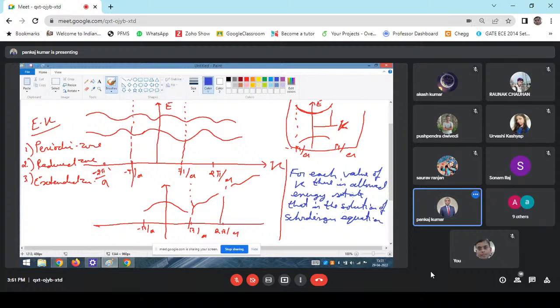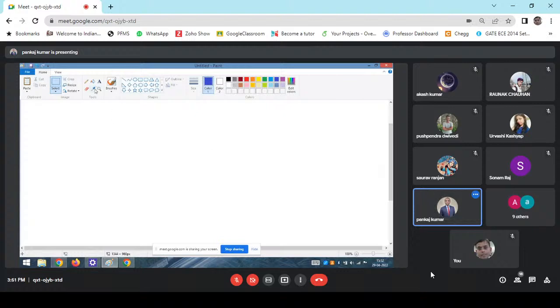Here k is discrete. But then why do we show a continuous line? Generally we show it with a continuous line.